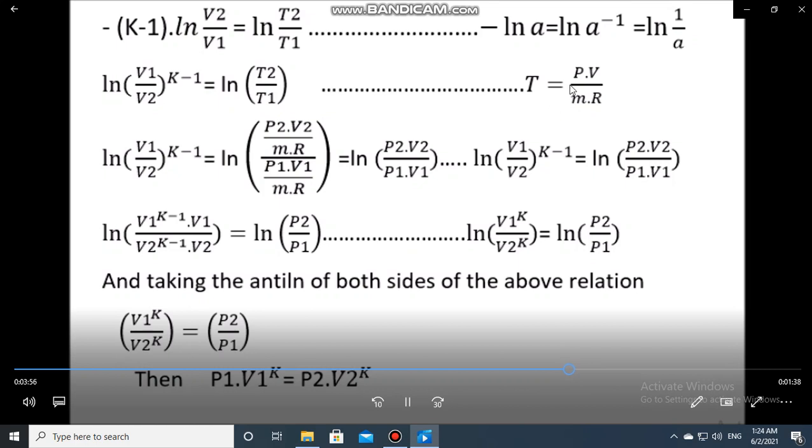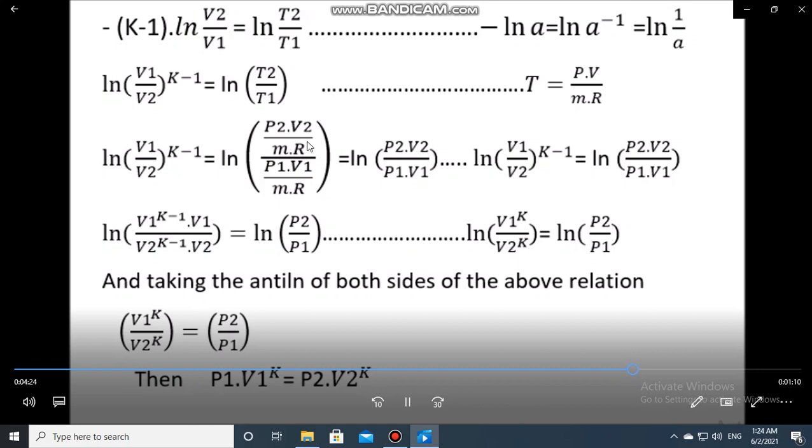But as we know, for any condition of a gas, T equals PV over mR, from the relation PV equals mRT. Thus, the left hand side remains as it is, and the right hand side would be ln of (P2 V2 over mR) over (P1 V1 over mR).